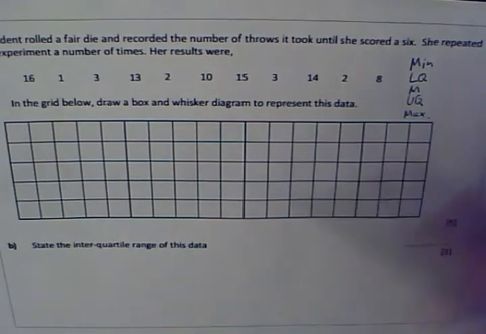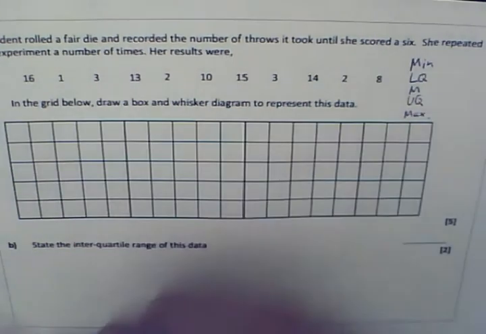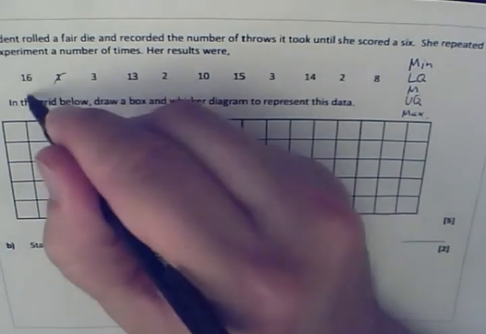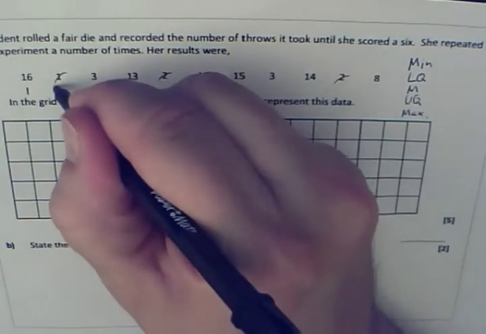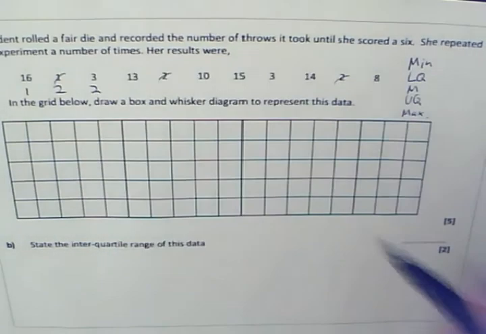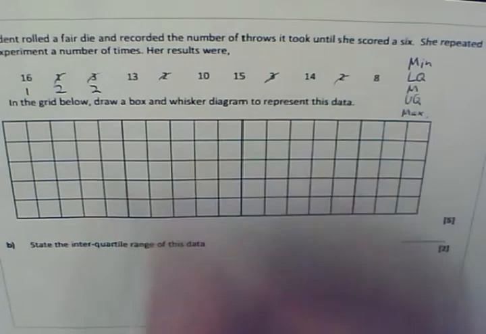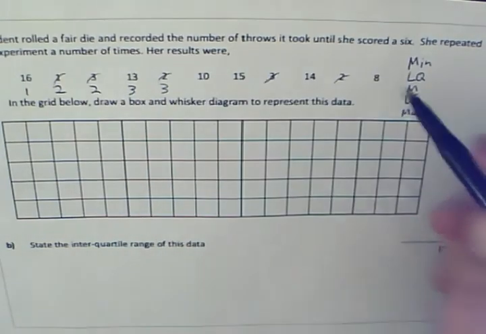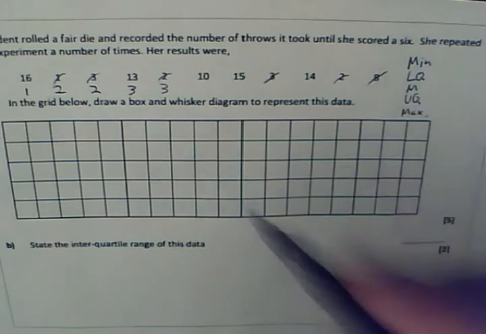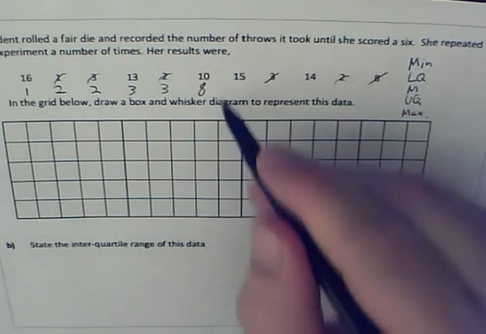So I'm going to just order these, looking for the lowest one, 1. So I'm going to put that one there. I've got 2 2s, and how many 3s have I got? 1, 2 3s? Yep. 3, 3. Next one's an 8. Then I've got a 10.